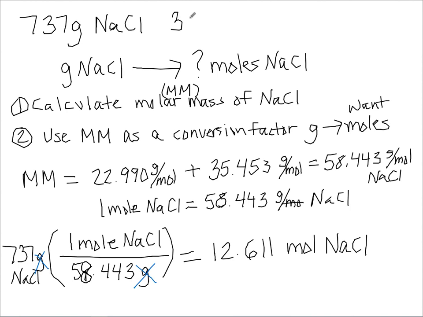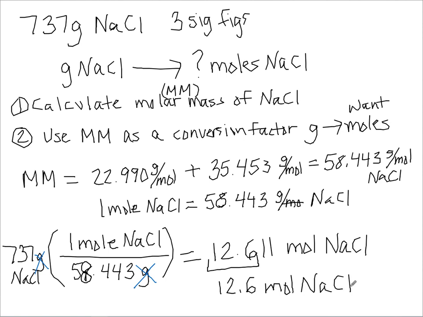That's the mass of the salt, and it has 3 sig figs. So our answer needs 3 sig figs. So we're going to round that to 12.6 moles of NaCl. That's a lot of salt. Don't use it all at once.